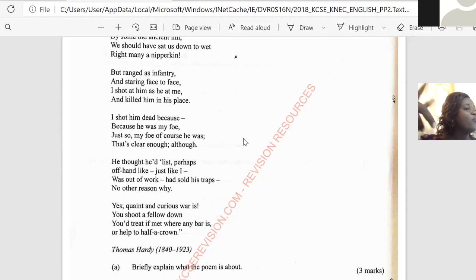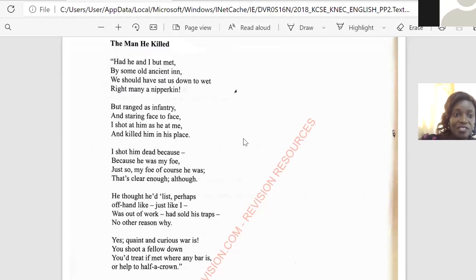Or simple language. Am I too fast? No. Okay. So these colloquial words are words such as nipperkin. Let me scroll so that you see nipperkin. There it is. Write many a nipperkin.